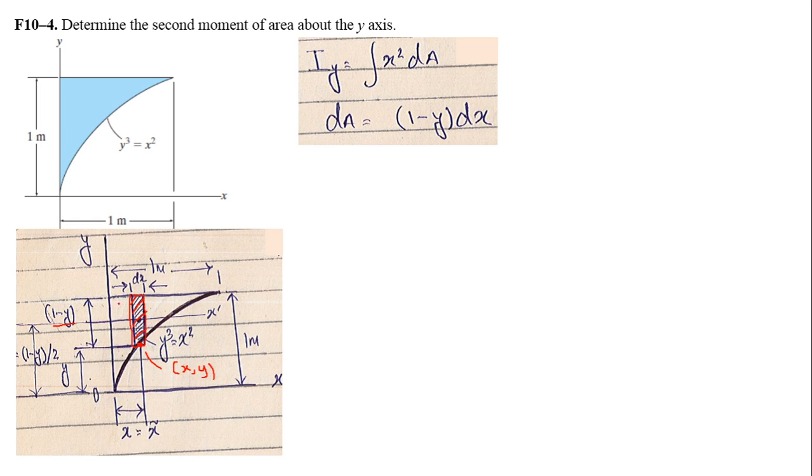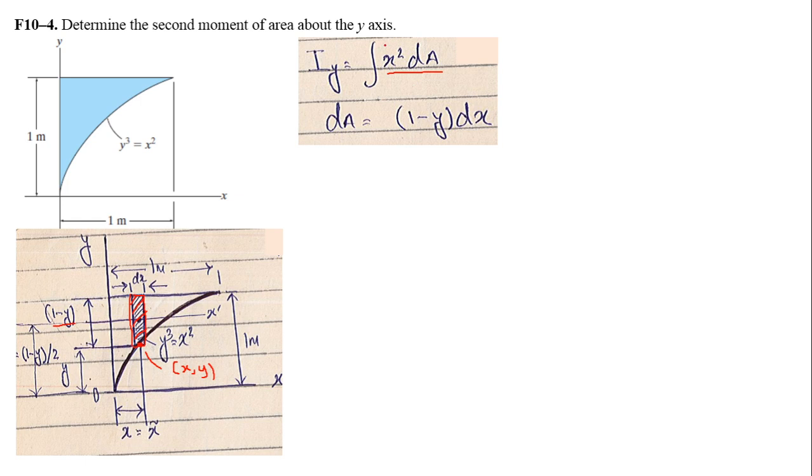So the condition of equal moment arms is satisfied. Therefore, I can directly use the formula integral x square dA for Iy, and the differential area of this strip will be the length of the strip, that is 1 minus y, into the thickness dx.